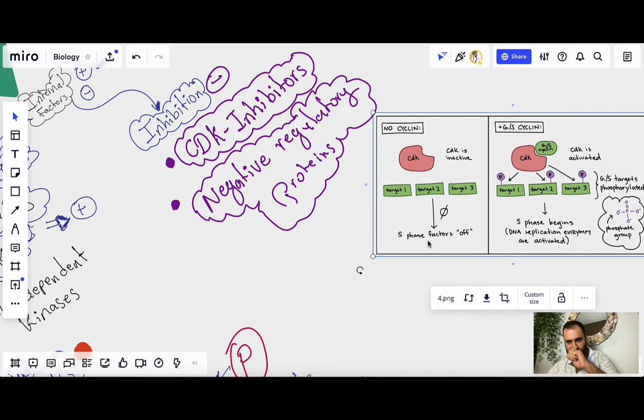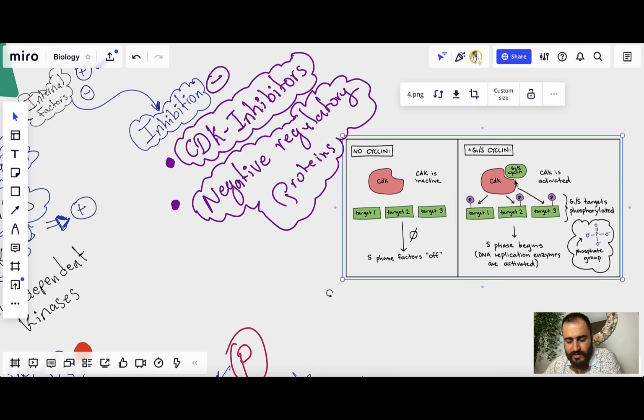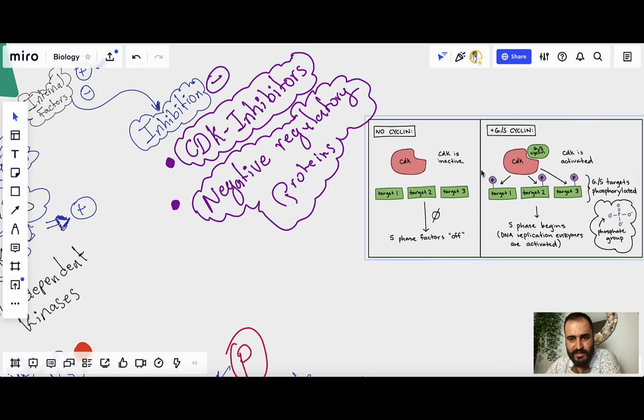As a result, the S phase is off, so the cell won't proceed to G2 and M. This is when the cyclin is there, and this part is mainly related to the activation, as you can see here. If cyclin binds to CDK, they will be able to give phosphate to the target proteins that will activate the S phase and the rest of the phases of the cell.